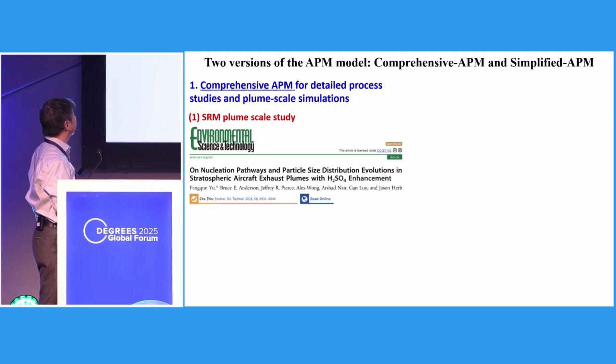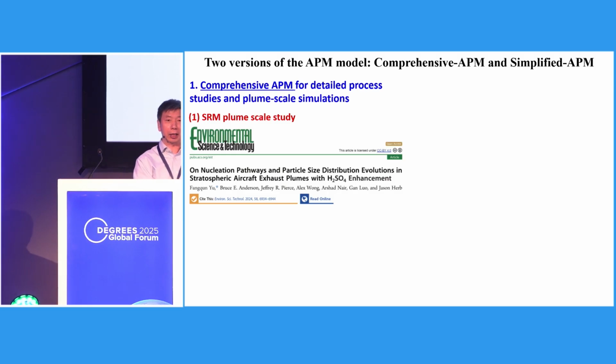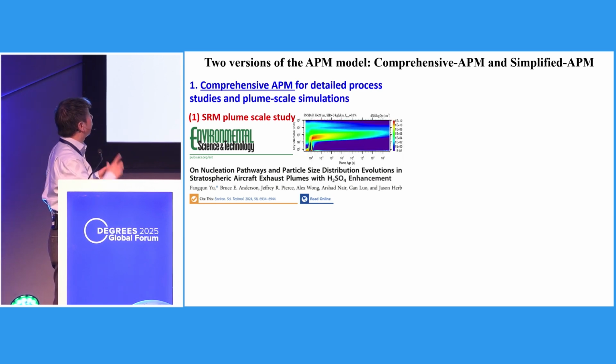We published a paper last year looking at the new particle formations, the nucleation pathway and the particle size distribution evolutions in aircraft plume with sulfuric acid SAI. We can simulate the particle formation and evolutions, and we find that by injecting the sulfuric acid, you can form particles of the right size and very narrow due to nucleation and coagulation growth.